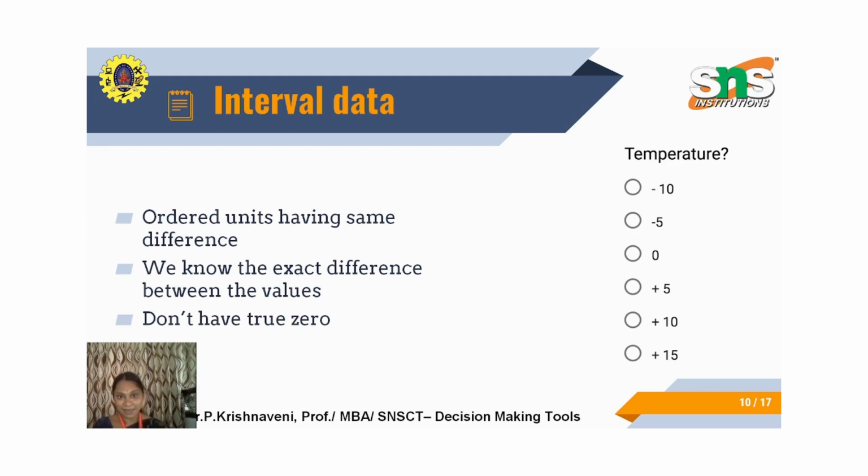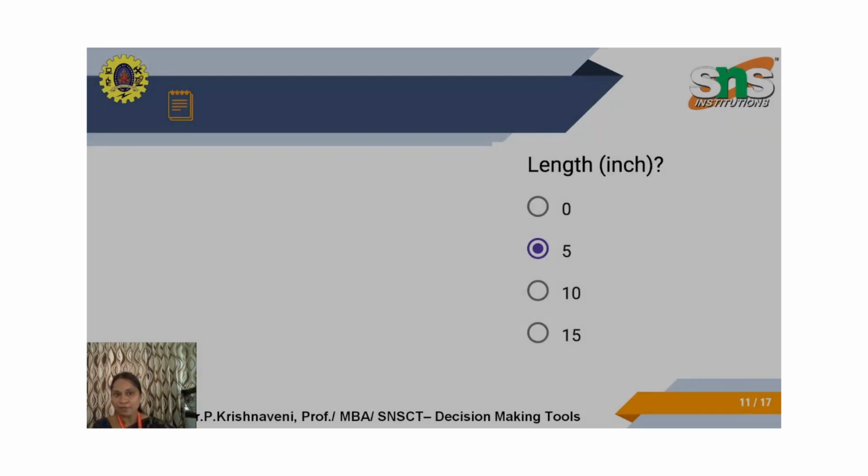As I said, zero doesn't mean there is no temperature; zero is also a kind of temperature. But if I say zero weight, nothing is there. Zero people take this food means none of them is taking that food. So this zero has a true value, but here zero means a temperature. We could not say there is no temperature at all. Zero is a kind of temperature.